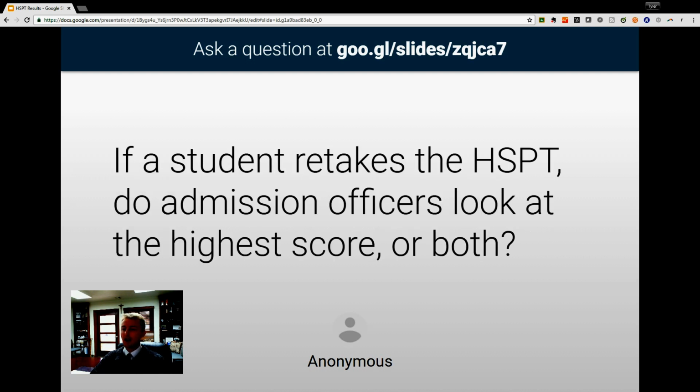So to that point, if you take the exam in November and you score in the 43rd percentile or 41st percentile, and then you retake it and you score in the 63rd, do we look at both? Well, we're certainly aware of both, and both exams do exist within your file, but we really only consider the high score.